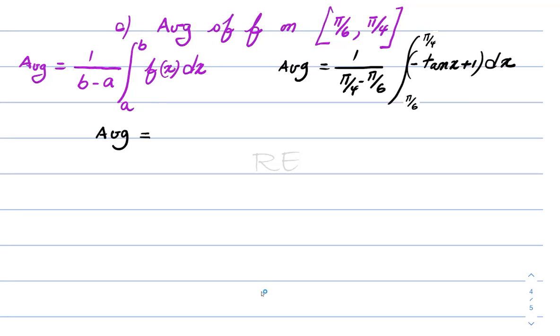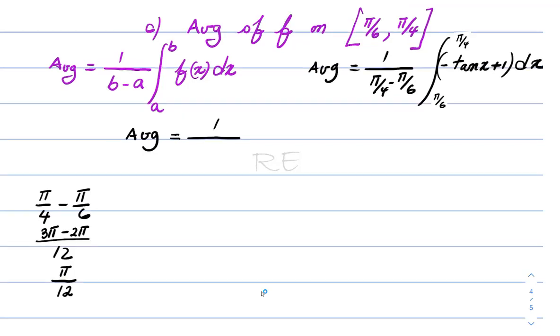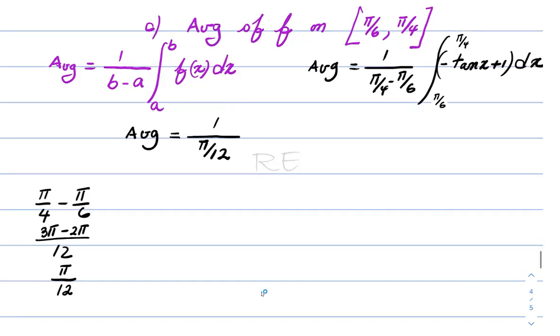So the average will be 1 over pi over 4 minus pi over 6. Lowest common denominator is 12, so 3 times 4 is 12, so it's 3 pi minus 2 pi. The answer is pi over 12. So it's 1 over pi over 12.